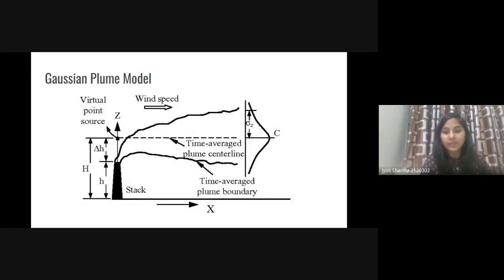If you can see sigma z, sigma z is nothing but from the center line up to what height you have the concentration. This will be your standard deviation in the vertical direction.